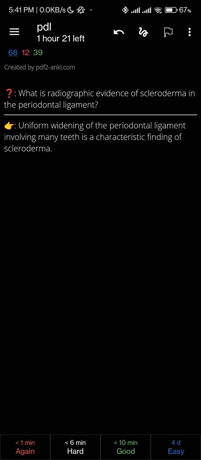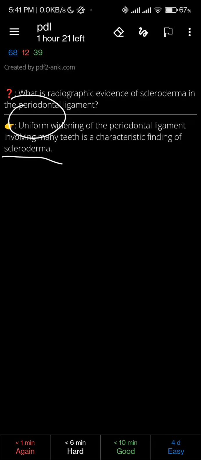So we have uniform widening of the periodontal ligament involving many teeth as the radiographic evidence of scleroderma.